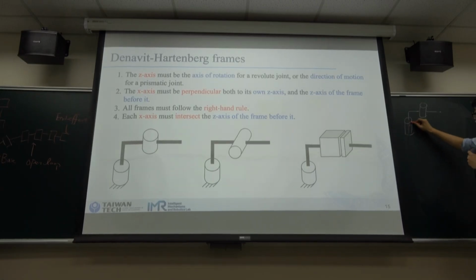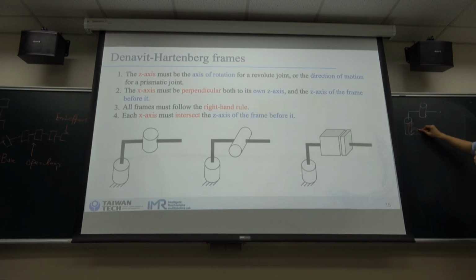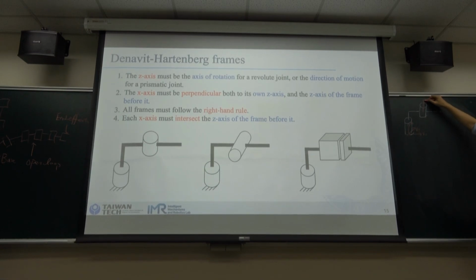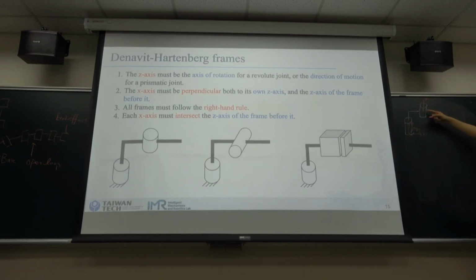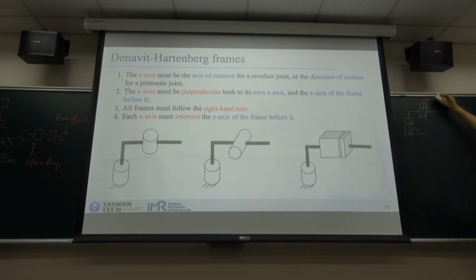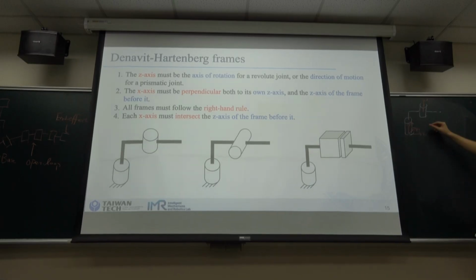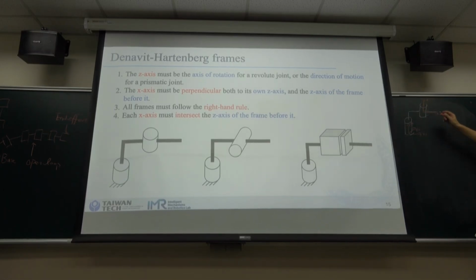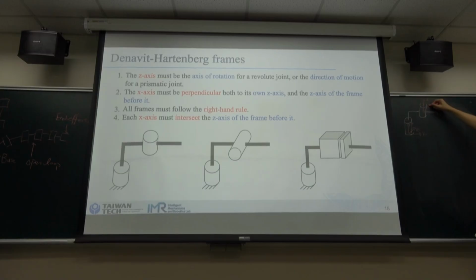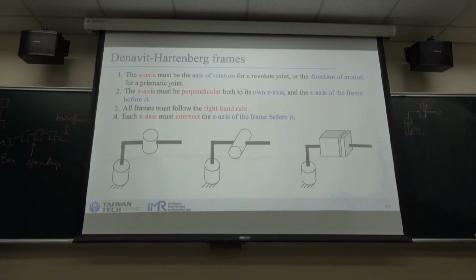This is z0, x0, and y0. We know that the z-axis must be collinear with the x direction, and the x must be perpendicular to z1 and z0, and y can be generated by the right-hand rule.